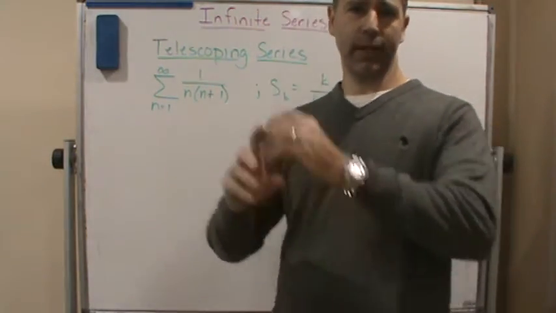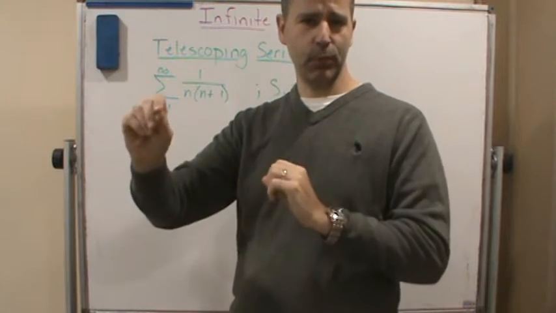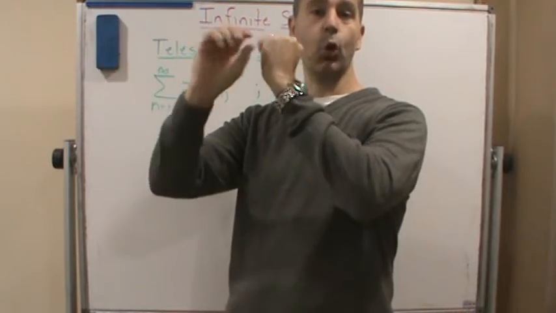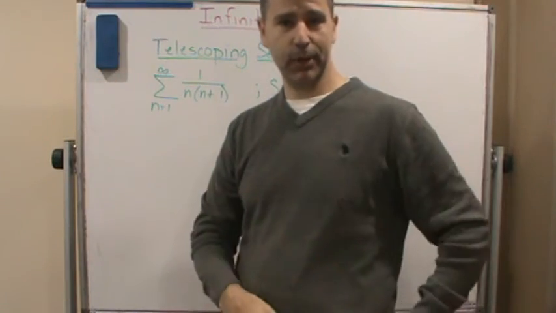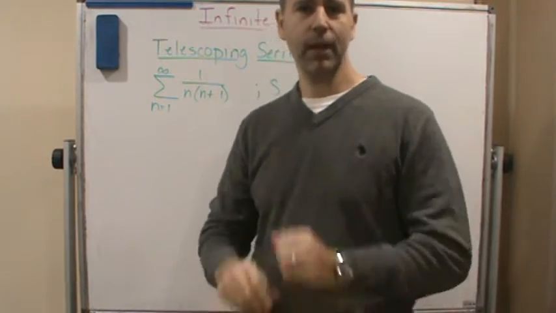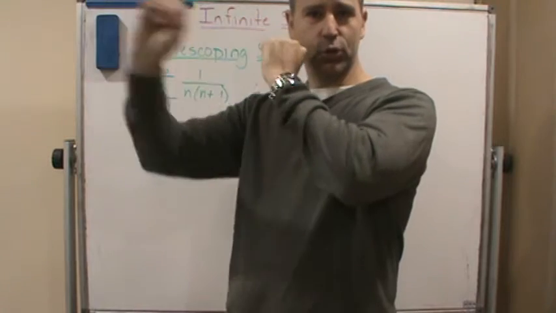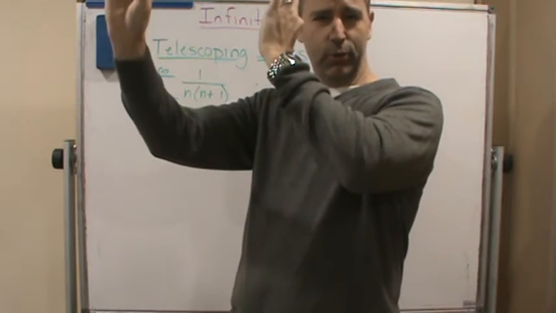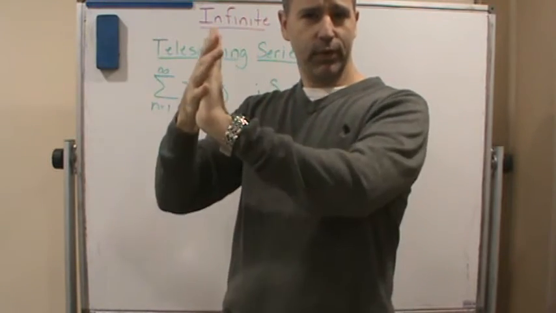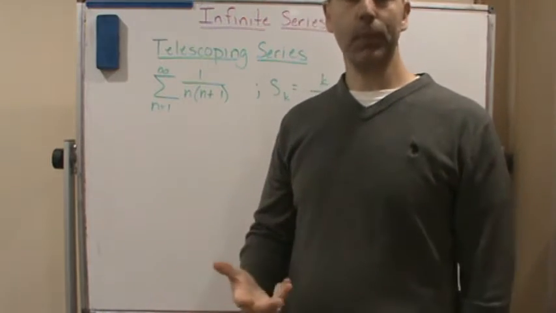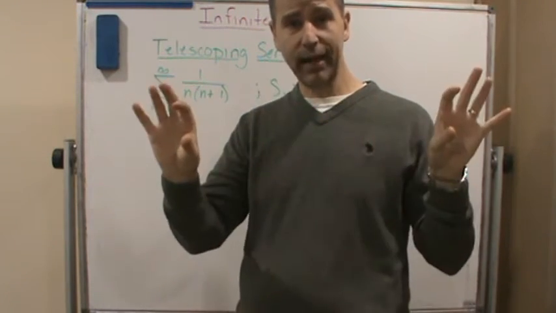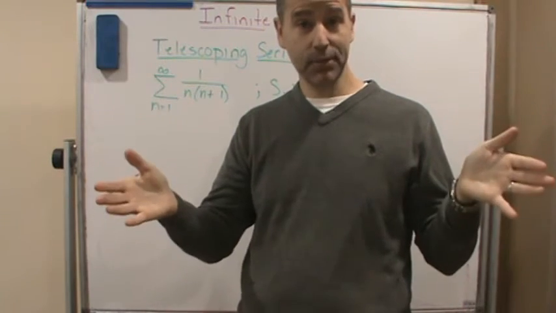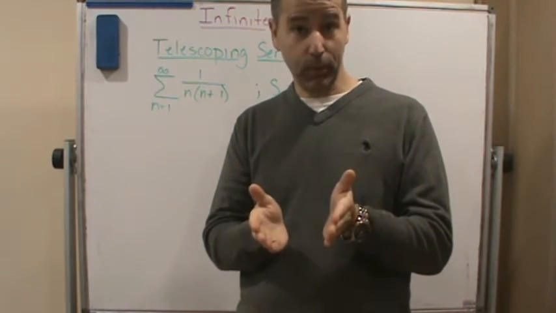The telescopes, like the ones that the captain of the ship would use, were collapsible. He'd keep it in his pocket or around his belt, take it out and look through it. And then when he was done, it would collapse. Well, a telescoping series behaves the same way. At some point, you'll notice that this thing will collapse and become really simple.